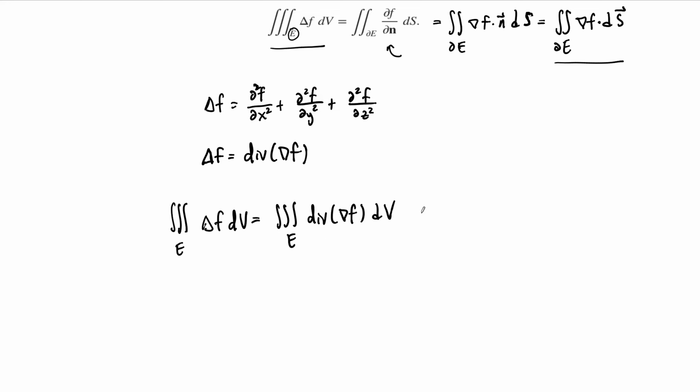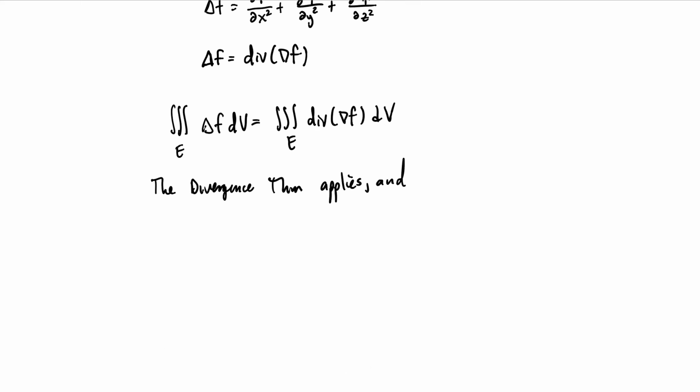But at this point, we can apply the divergence theorem. What does it tell us? It tells us that the integral of the divergence of this vector field is equal to the flux of the field across the boundary. So the triple integral over E of the divergence of the gradient field dV is equal to the flux of the gradient field around the boundary.